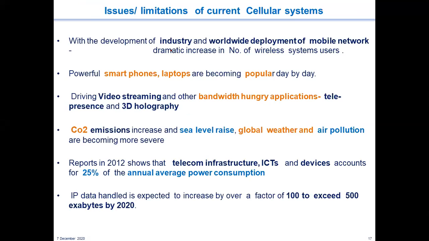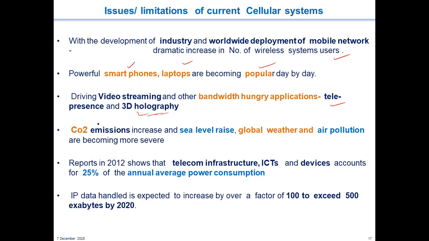With the development of industry and worldwide deployment of mobile networks, there is a dramatic increase in the number of wireless system users. Powerful smartphones and laptops are becoming popular day by day, driving video streaming and other bandwidth-hungry applications like teleconferences and 3D holography.